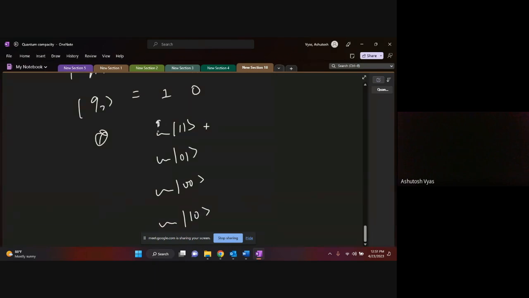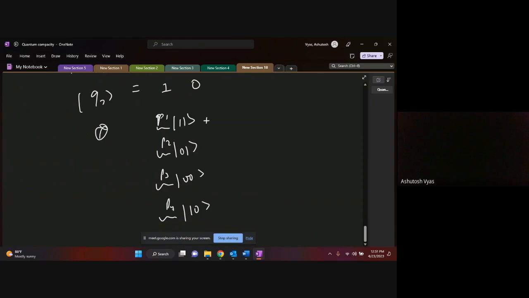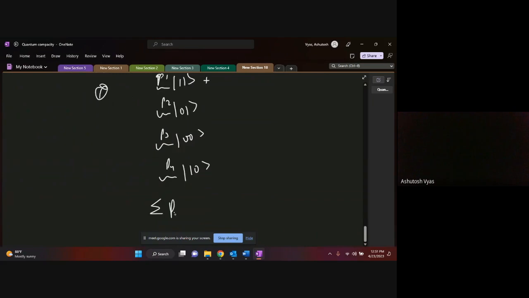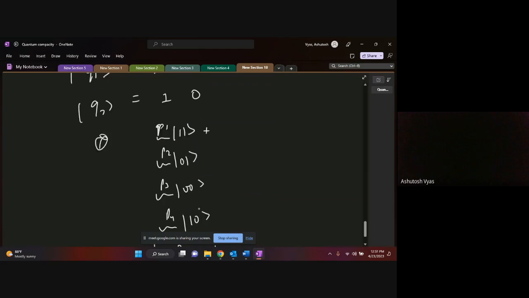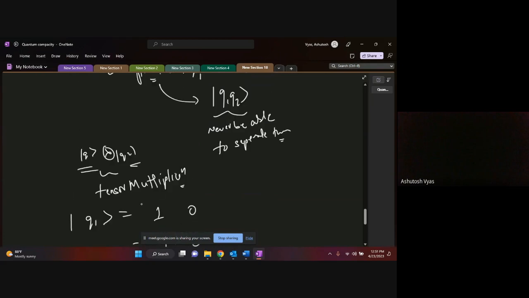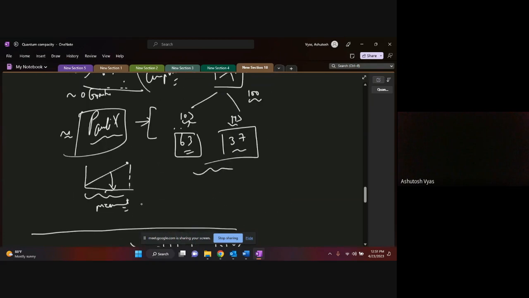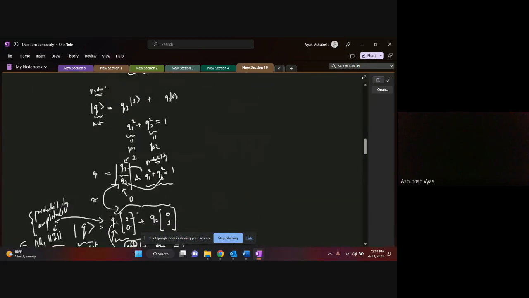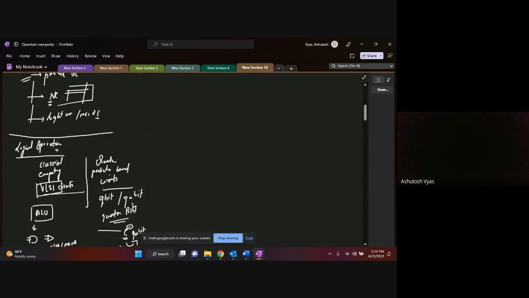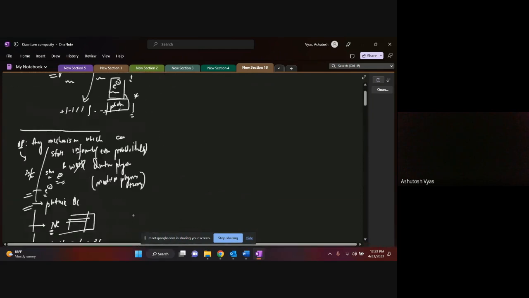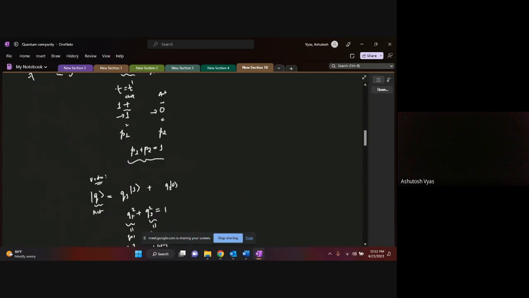If I call all these numbers P1, P2, P3, and P4, the squares of all these will add up to 1. So this is how fundamentally entanglement works. You can absolutely go ahead and read about it. The expression of performing an entanglement is a CNOT gate.